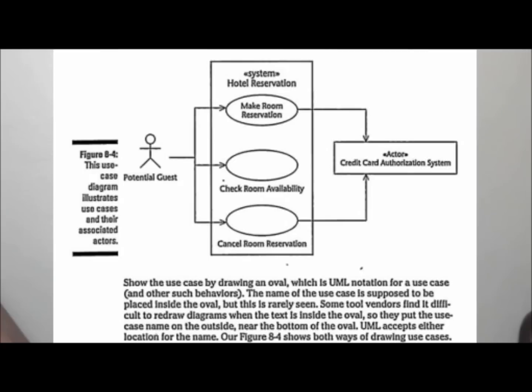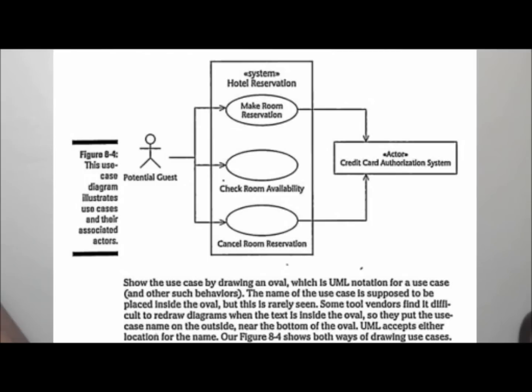Okay, this is our first use case diagram example. What it's showing here is use cases for a potential guest, and you'll see that there are 3. The system that we're building here or analyzing is a hotel reservation system.